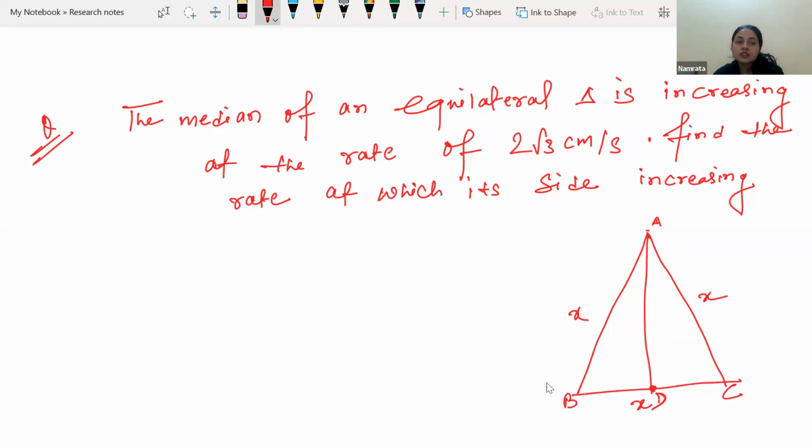The median is increasing at the rate of 2√3 centimeter per second. If this length is y, then dy over dt is equal to 2√3 centimeter per second. Find the rate at which its side is increasing. Do we have any formula related to the median and the side of an equilateral triangle? Just a moment.